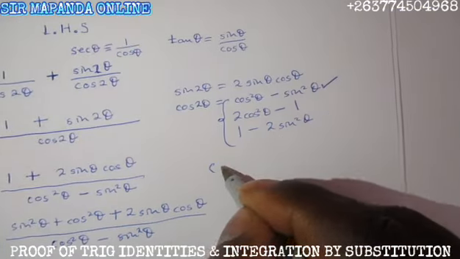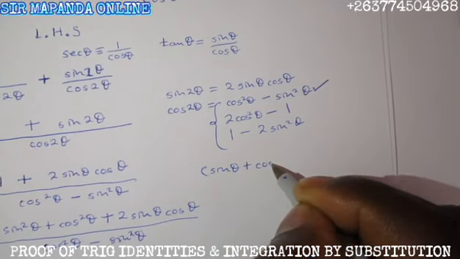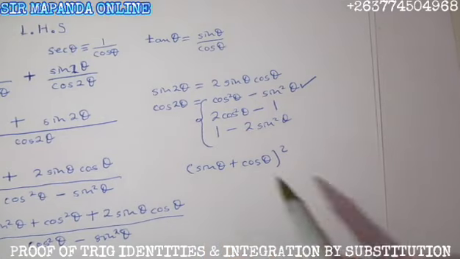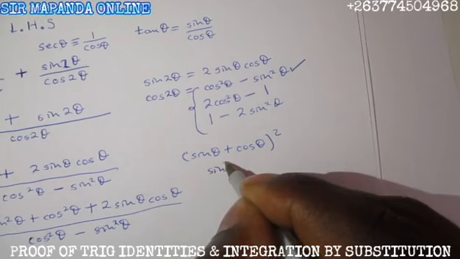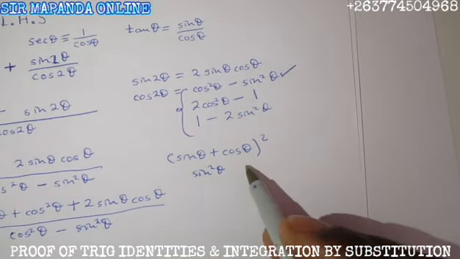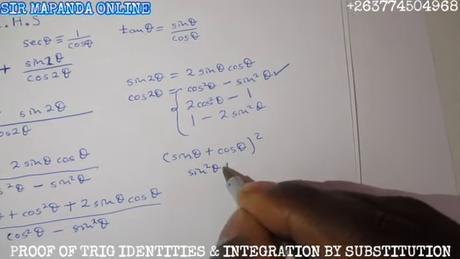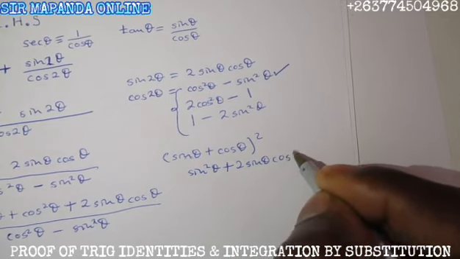If you have (sin θ + cos θ)², if you are to expand it, you get sin²θ. If you raise this term by power 2, then to find the middle term, you say sin θ times cos θ times 2, which gives you 2 sin θ cos θ.